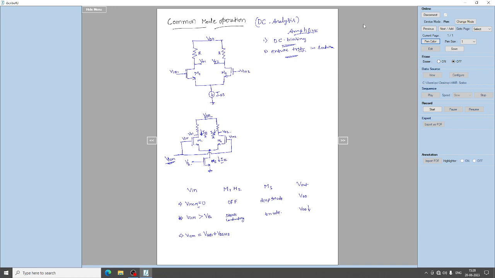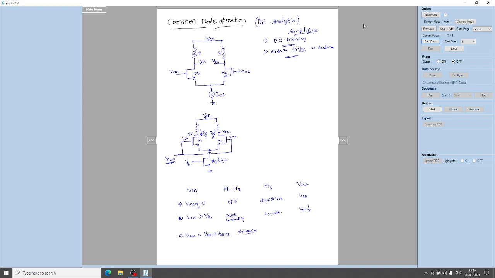With this sufficient voltage, there will be sufficient current flowing through the transistor M1, and the drain terminal of M1 is large, so that M1 and M2 can be ensured to be in saturation region. Since it is common for both M1 and M2, we can ensure that they are in saturation region, right?